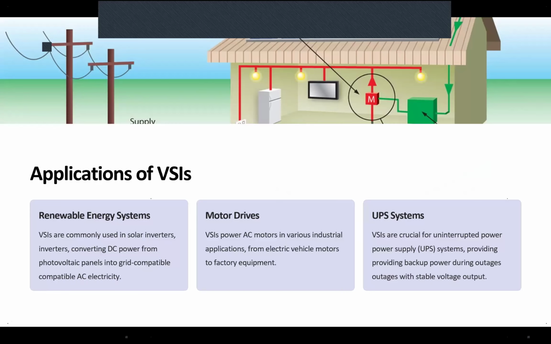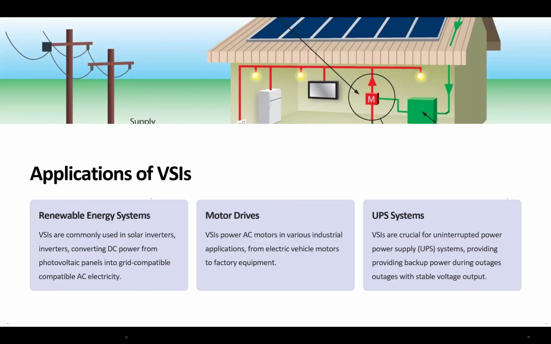Okay, so in renewable energy systems like solar, wind, or energy storages, they normally use a voltage source inverter, because they are capable of converting the DC power or DC voltage, which is normally the output of solars or energy storages, and have it be a grid-compatible AC waveform because we have control over the frequency and amplitude of the voltage.